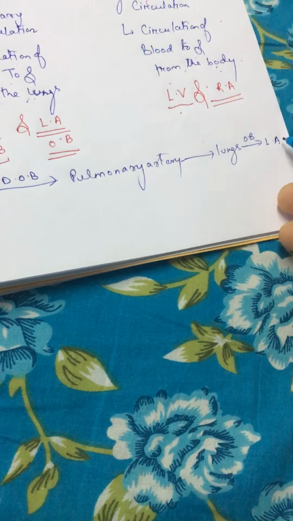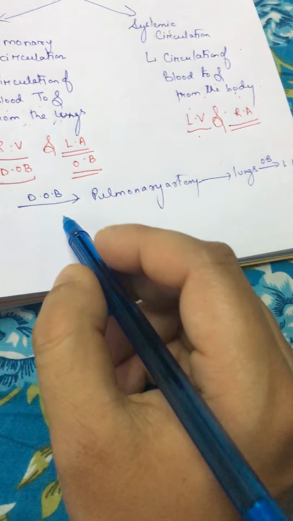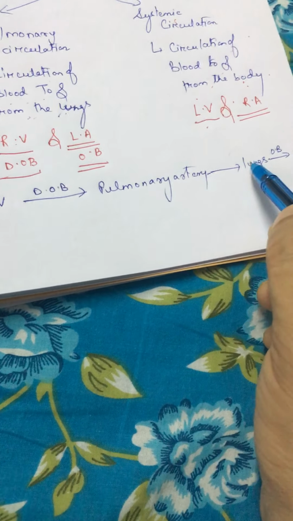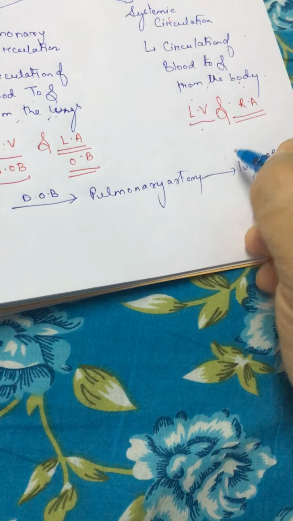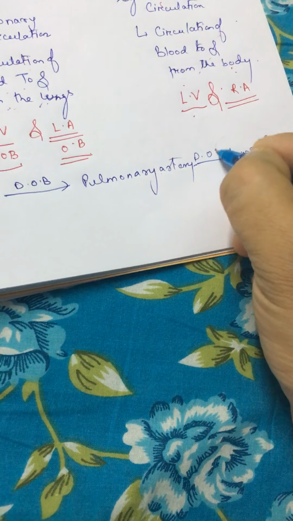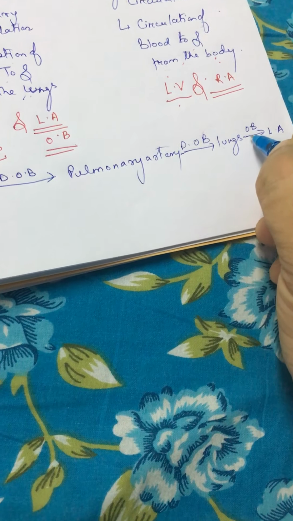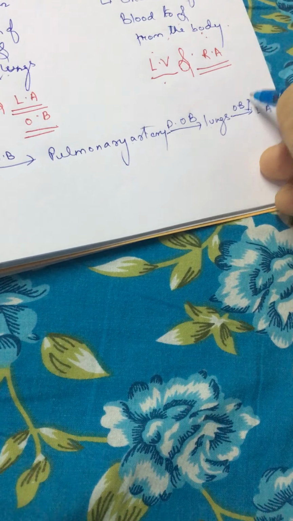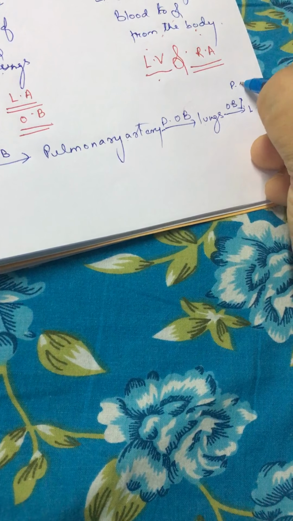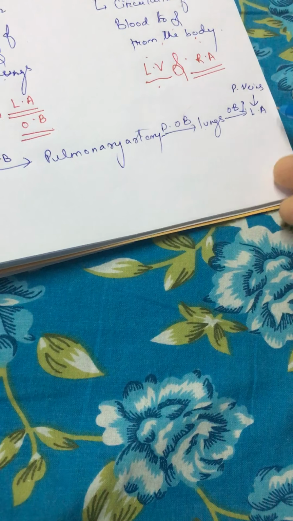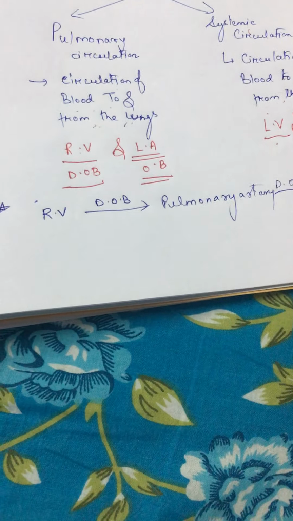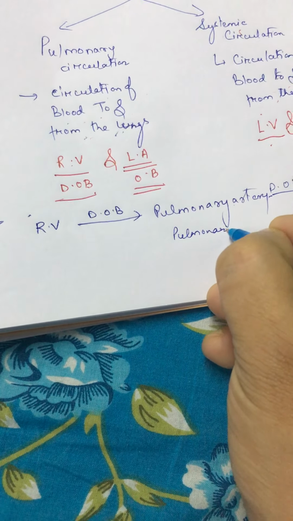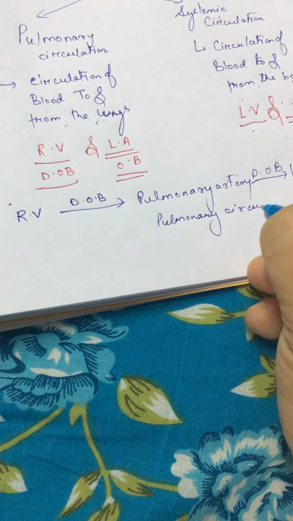From the lungs, gaseous exchange takes place, and the OB blood will be carried by the pulmonary veins to the left auricle. So this pathway is the pulmonary circulation.